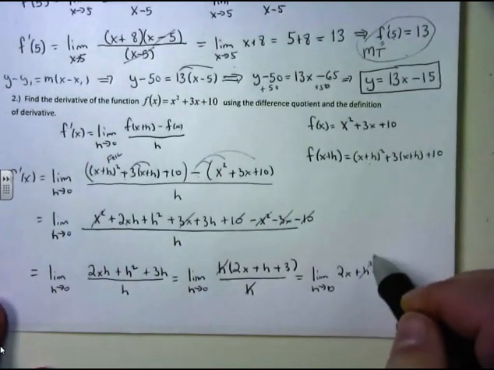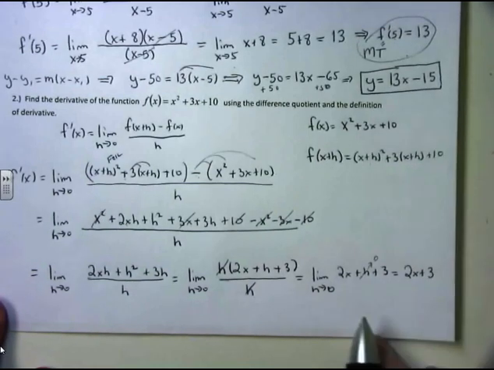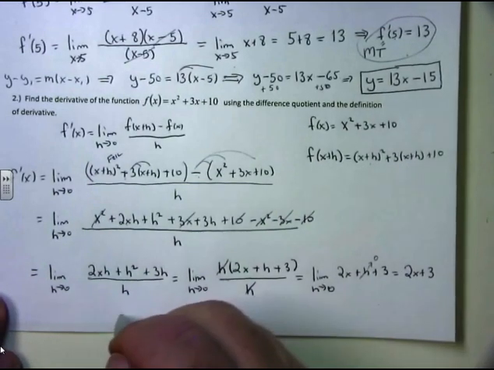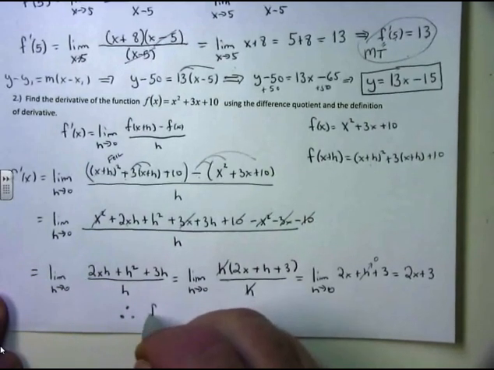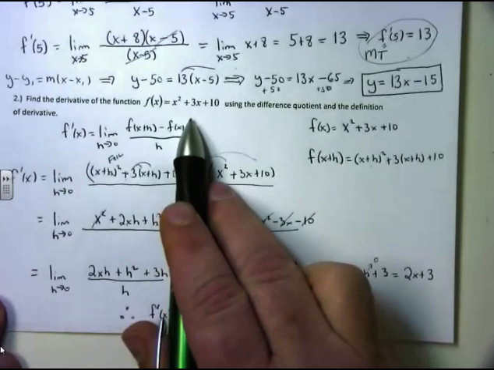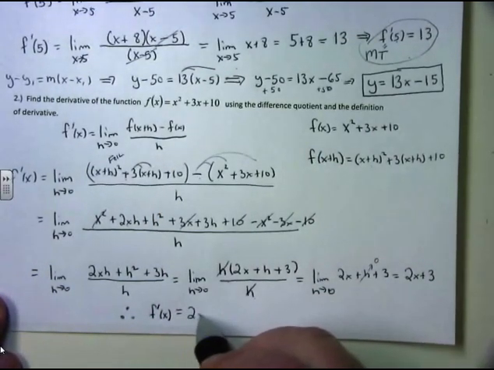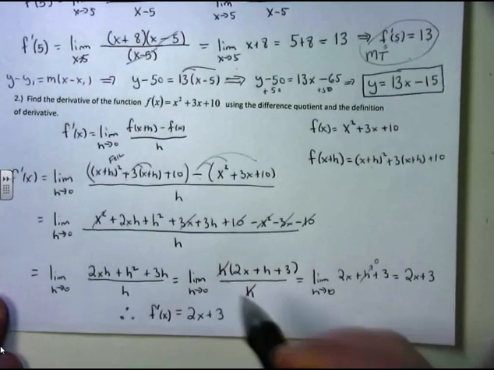So if h goes to 0, I'm left with 2x plus 3. Therefore, the derivative function of x squared plus 3x plus 10 is equal to 2x plus 3.